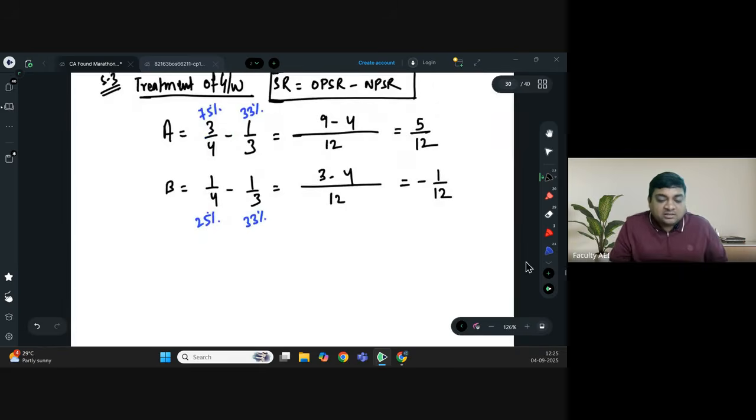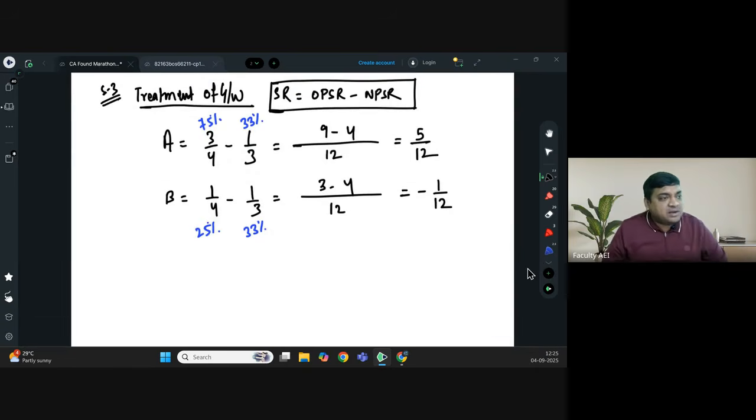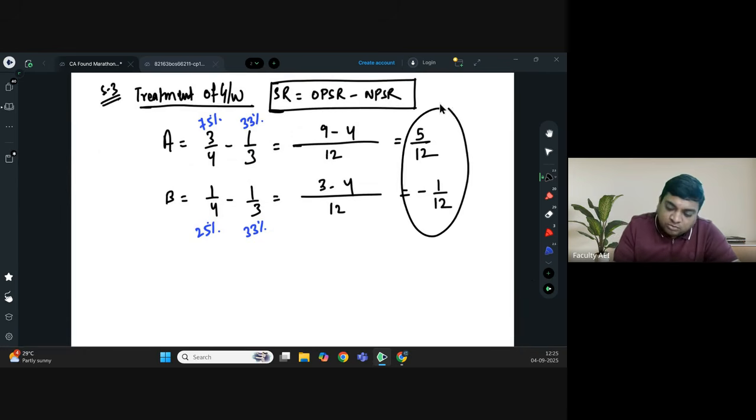What was the logic? That the gaining partner will bring compensation for the sacrificing partner? Try to understand. If I do, it is coming to 4 by 12, that is 1/3, which is the share of the new partner.